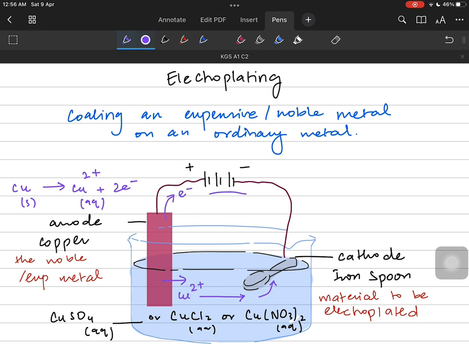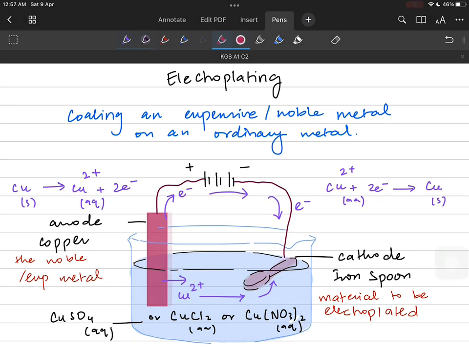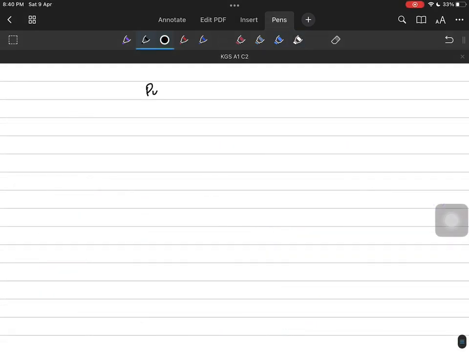These same copper ions will go towards the cathode while the electrons will be released in the wire. However, on the cathode, copper ions will gain electrons and they will start becoming pure copper atoms. So you will see a layer of copper depositing on the spoon. You can see the spoon is gradually becoming pinker and the anode is reduced in size.